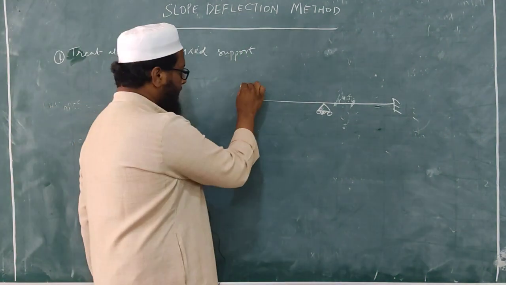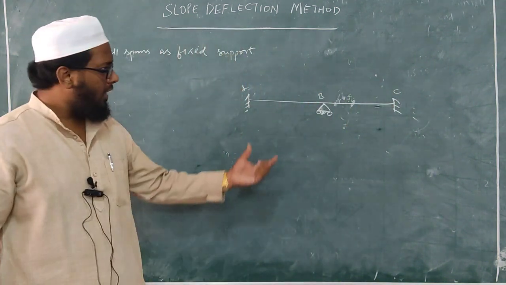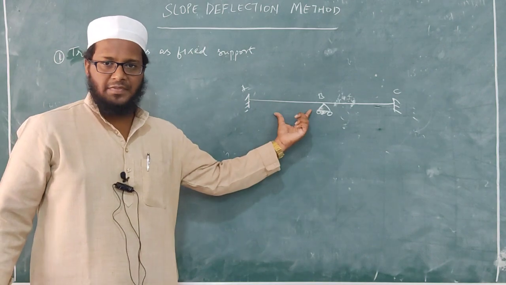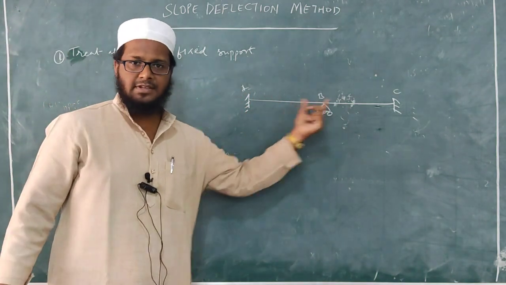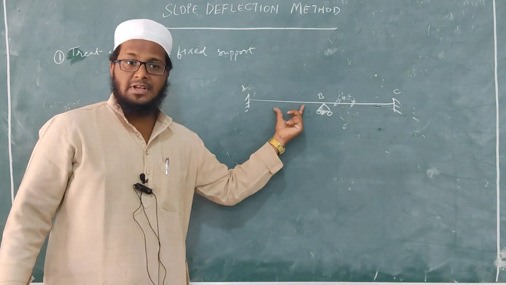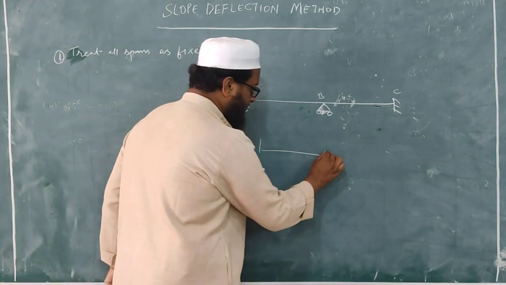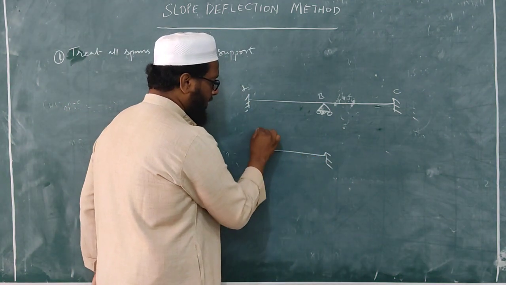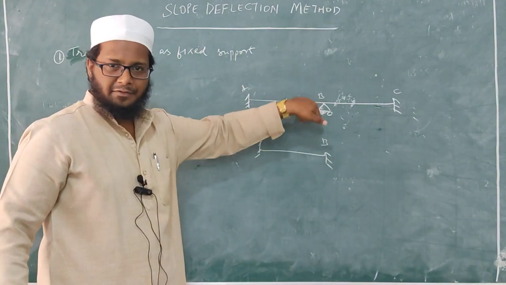This is A, B and C. So what I will do, I'll take this particular span, treat all spans, that is, this is one span, this is another span, isn't it? And all these spans we will consider as fixed beams. So I'll treat this support as fixed, AB.